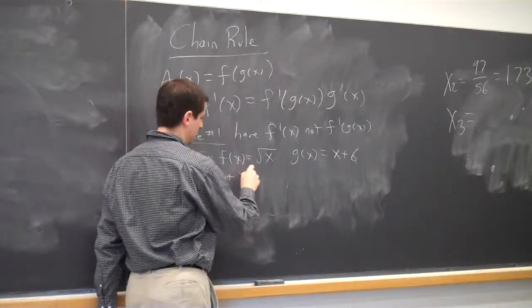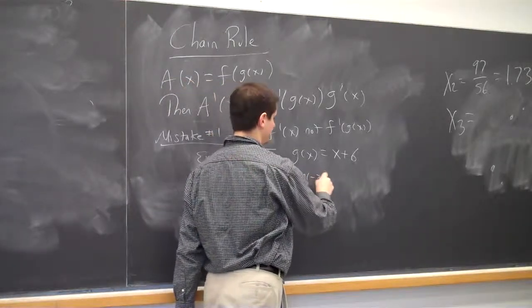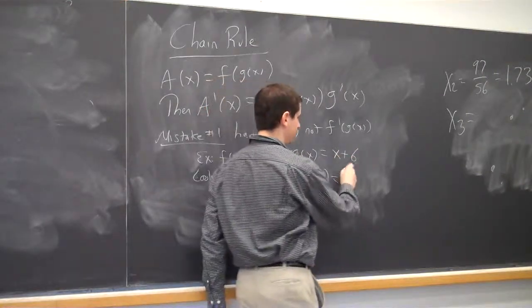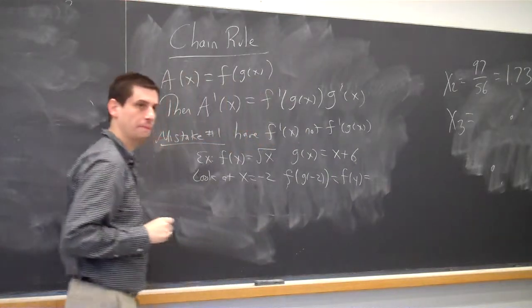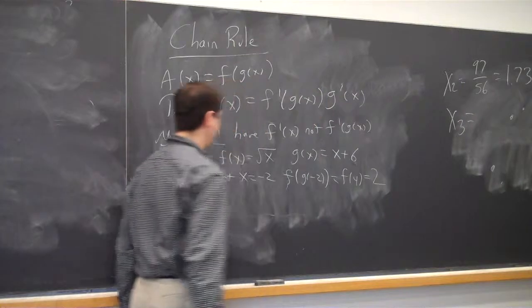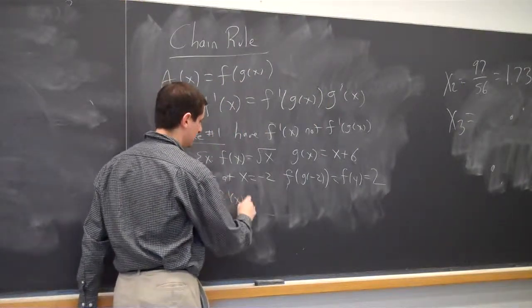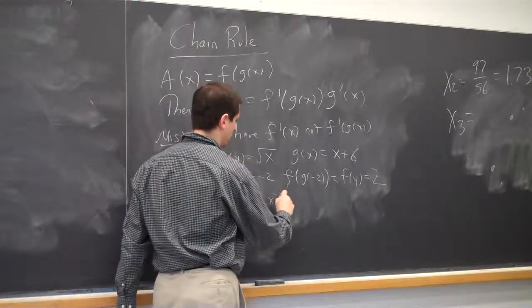Look at x equals -2. What is f of g of -2? Well, g of -2 is 4, so this is f of 4. And what's f of 4? 2. Everything is fine. But f prime of x is 1/2 x to the -1/2.